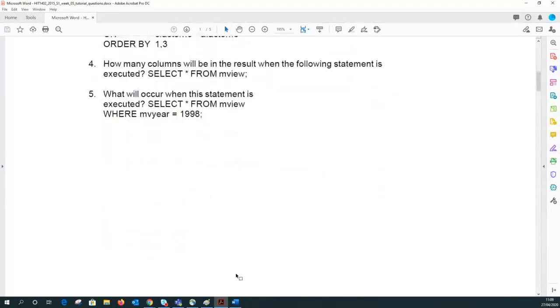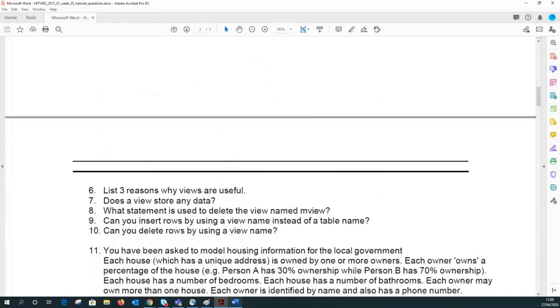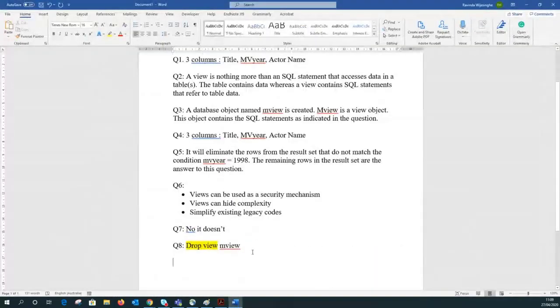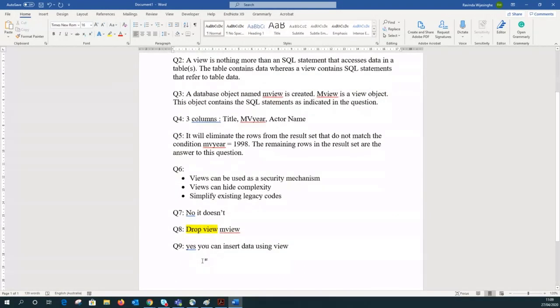So the answer is yes. Question 9: yes, you can insert data using a view. That is a good thing about views.